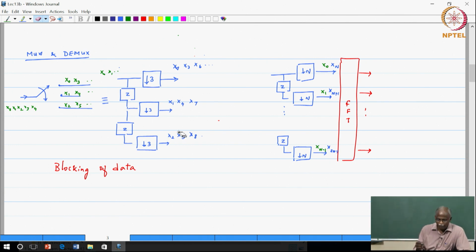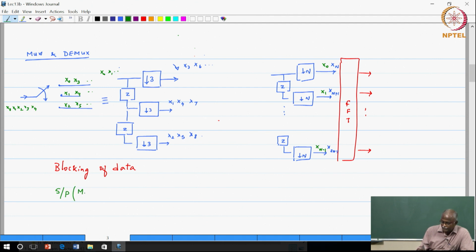Very important. So, this is the blocking of data, and when you have the advance operations, then this would correspond to a serial to parallel converter of, let me write M in the general case.